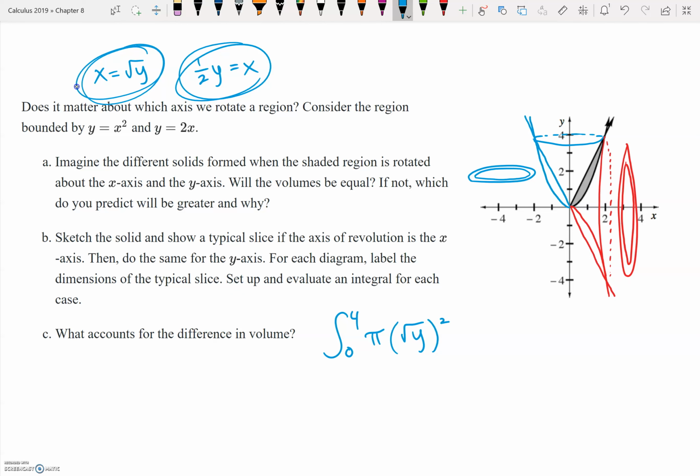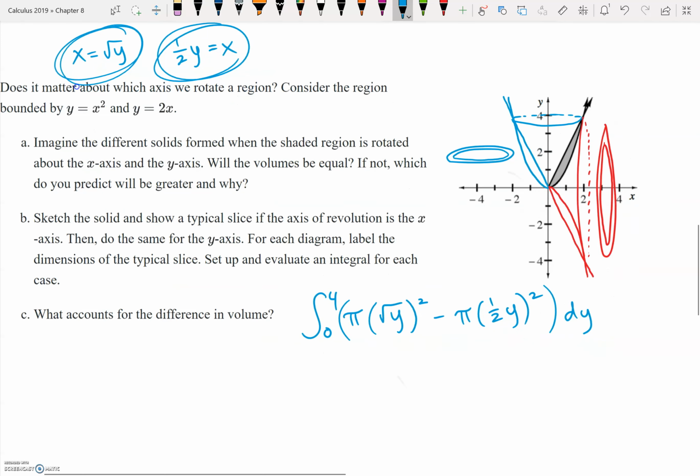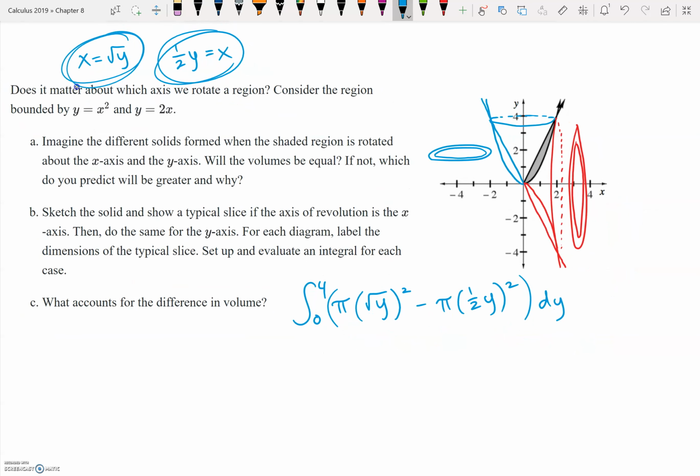And then we can say dy, or actually let's go ahead and write it together as one integral. So minus pi times 1/2 y squared. This entire thing, dy. We can take the pi out here, or we could just evaluate the integral as is.